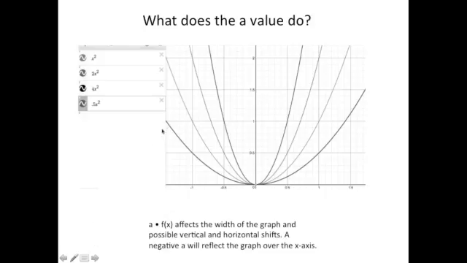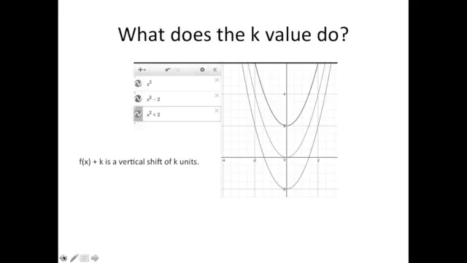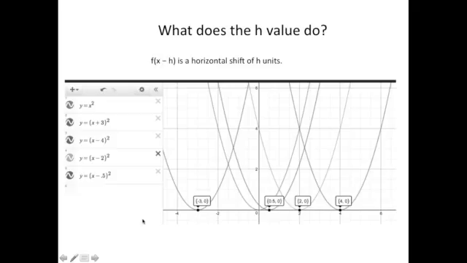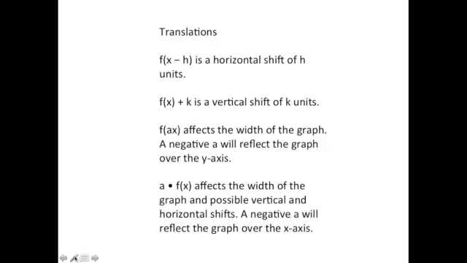All right, now we've got to examine this a. And I've been very specific in the choices that I've picked out here because the a value, as we learned back at the very beginning, affects whether or not it has been reflected across the x-axis.